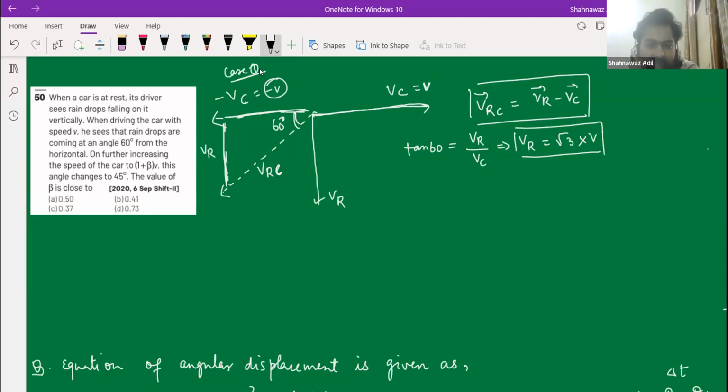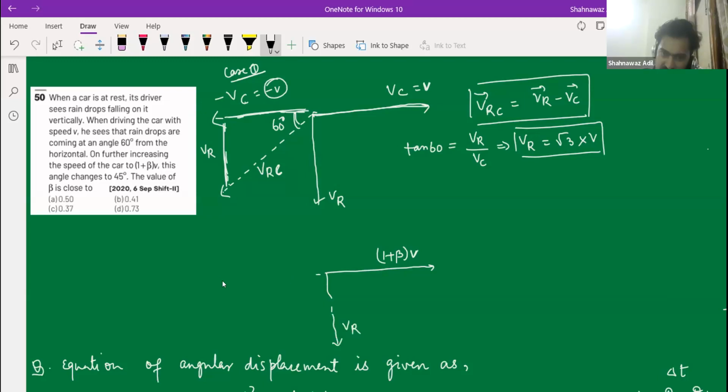Now what is happening is that the driver of the car further increases the speed of the car. So now he has increased the speed to 1 plus beta v, right? And now this is the rain falling vertically.